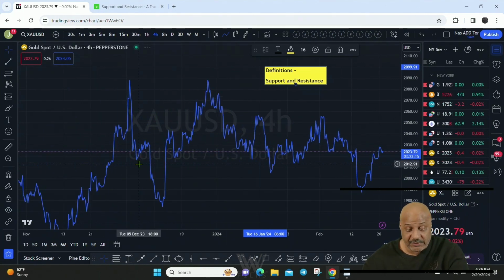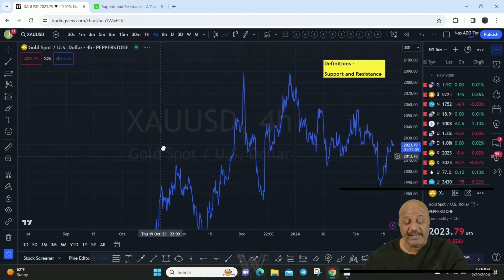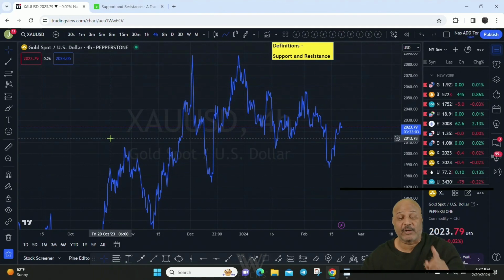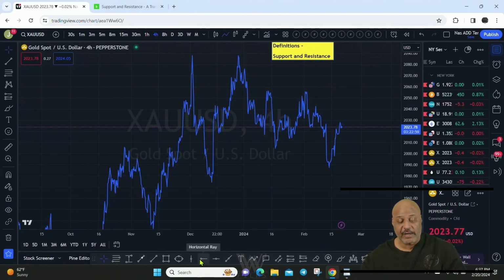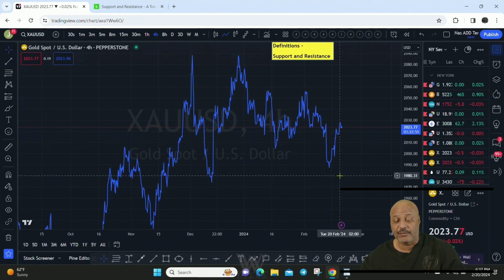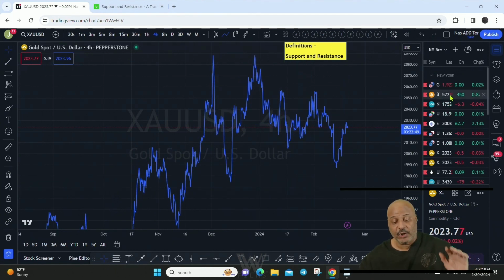If I'm looking at this, I can go back in time. If you look at my date here, you see it's Thursday, November 9th, 2023. So I can go back as far as I need to look at data. This is looking at historical data because I want to see what happens. I want to go back in time to see what happened to gold.